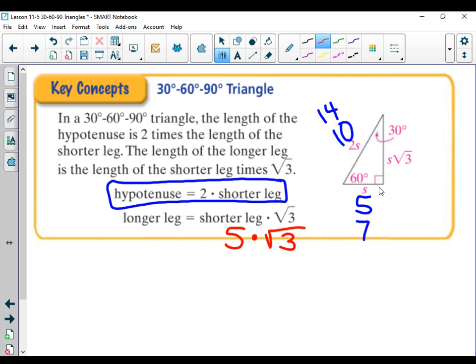8.66. So every time you find the long leg, it's going to be an irrational number that you're going to need rounding. Type in this order: 5 times square root 3. Practice. 5 times square root 3.